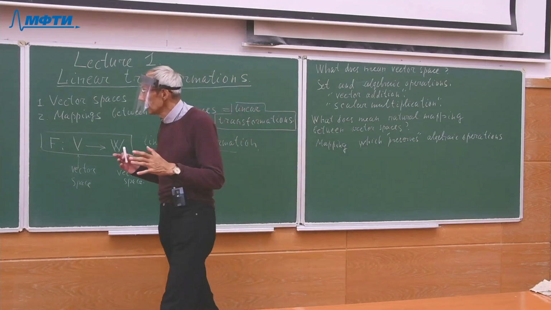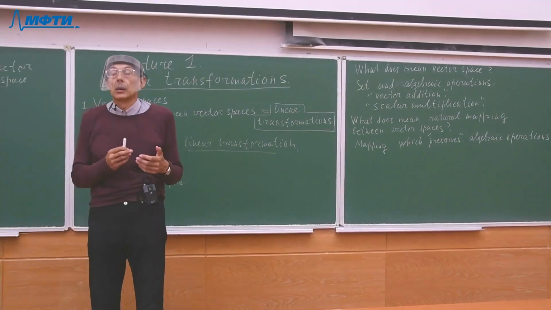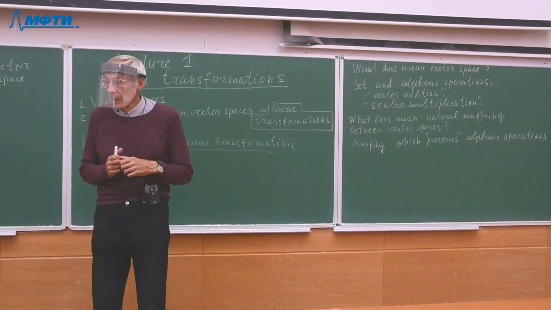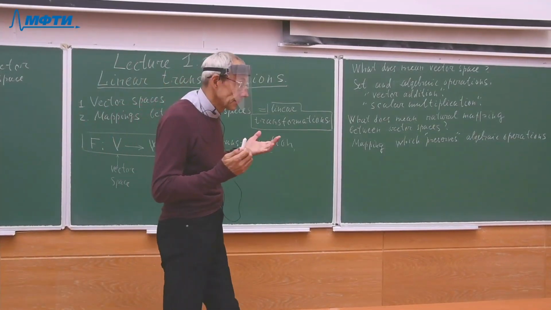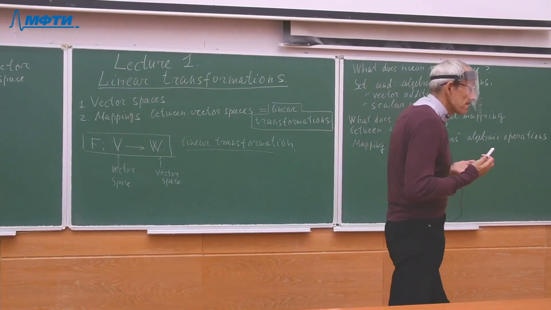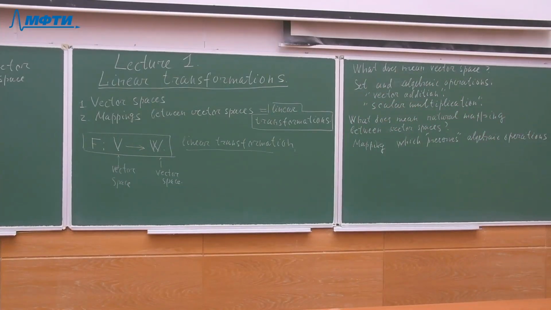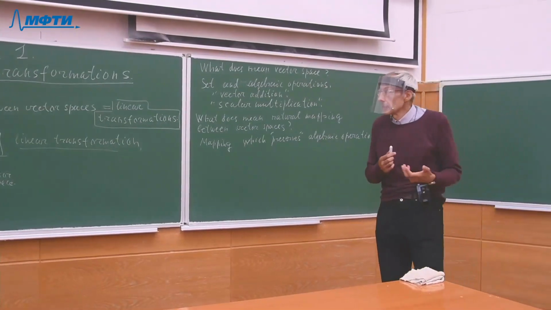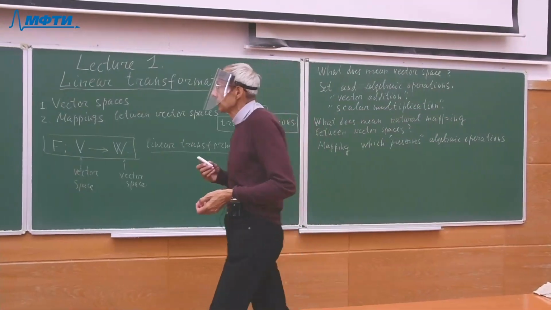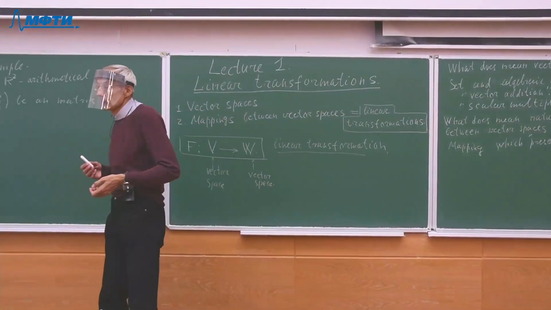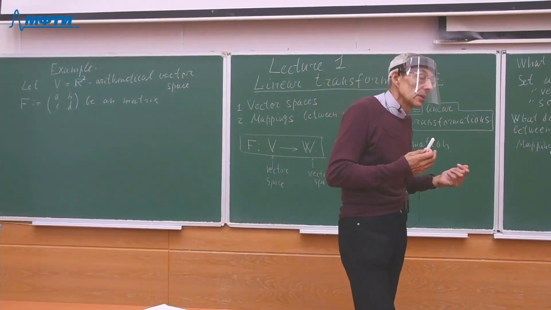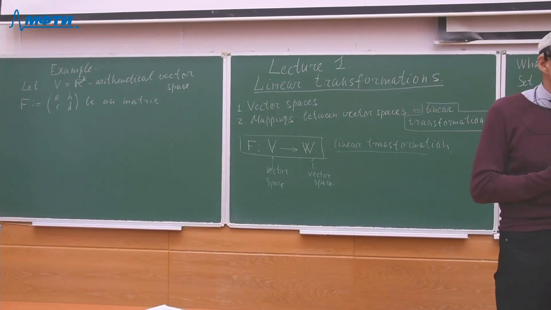First of all, let's start with a very simple example. Can you help me and say what is maybe one of the simplest examples of a vector space that you know?